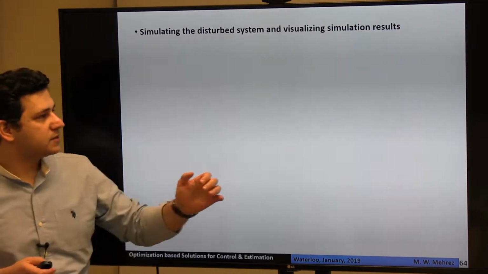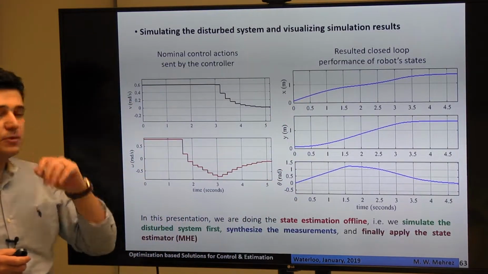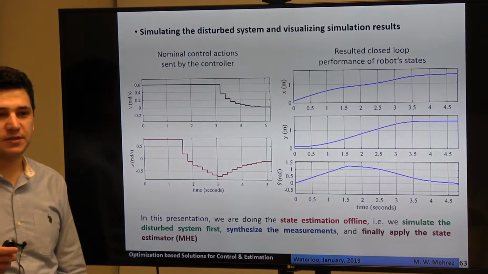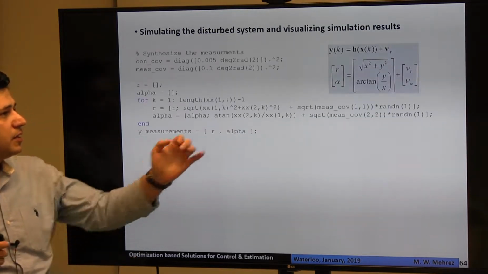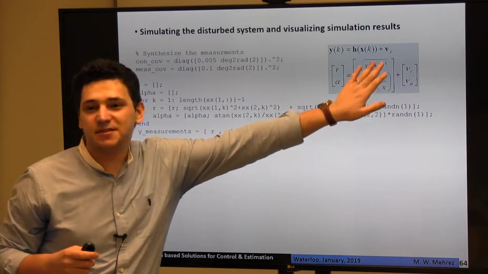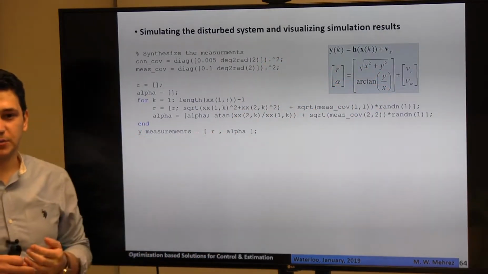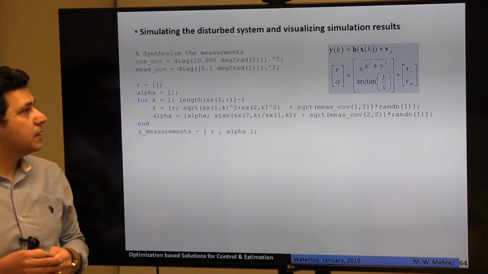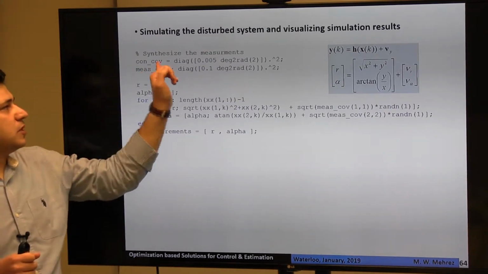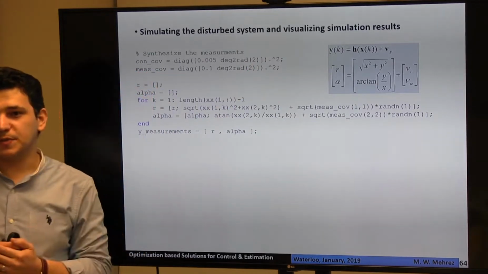Now I know my states, x, y, and theta. So I would like to synthesize my measurements. So we said that we are having this measurement model. We have this sensor. So let's synthesize R and alpha for all these values of x and y and theta, right? So again, this was our control covariance matrix, so we will define a measurement covariance matrix.